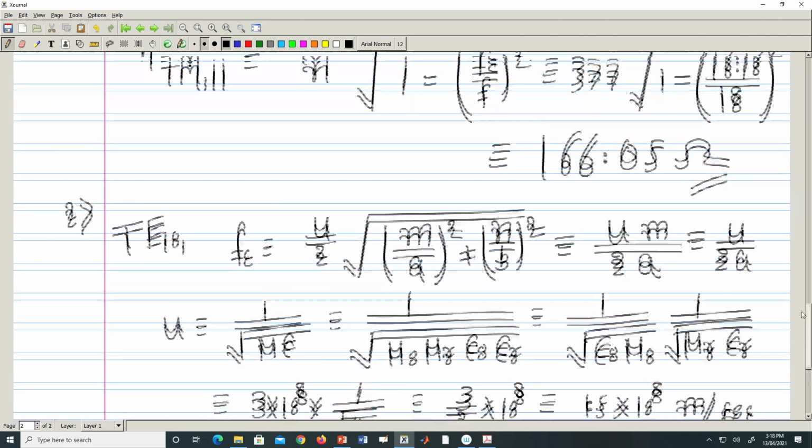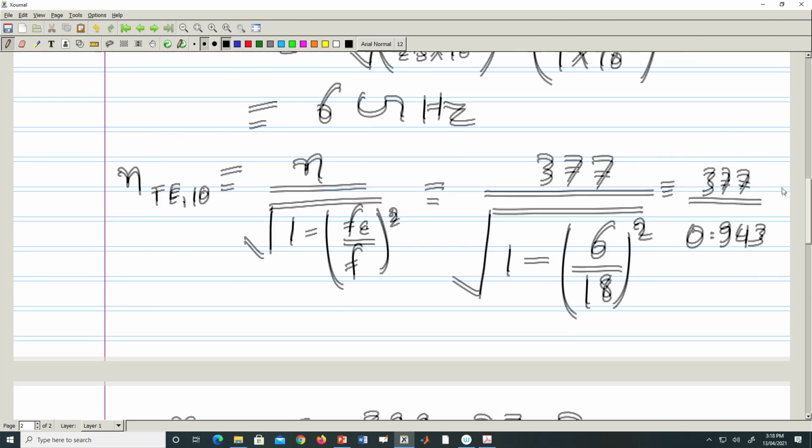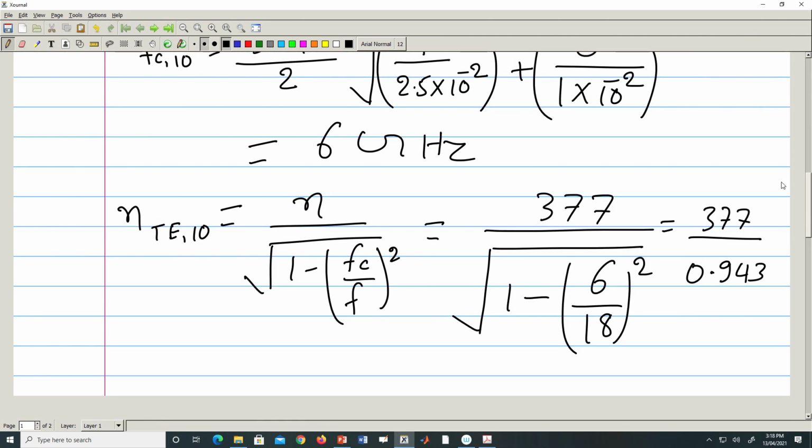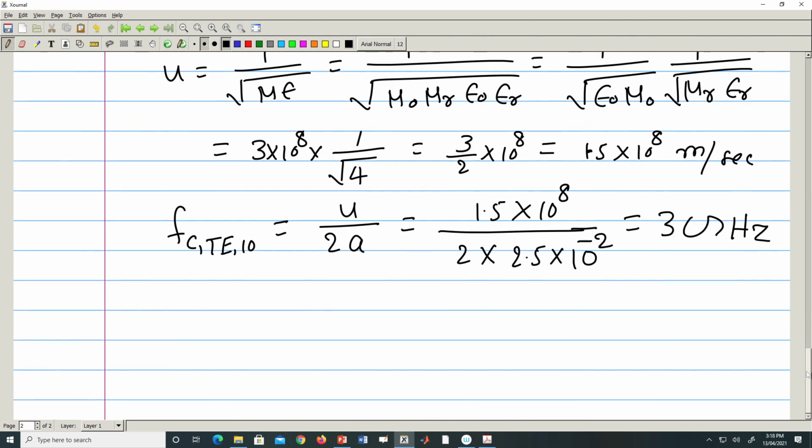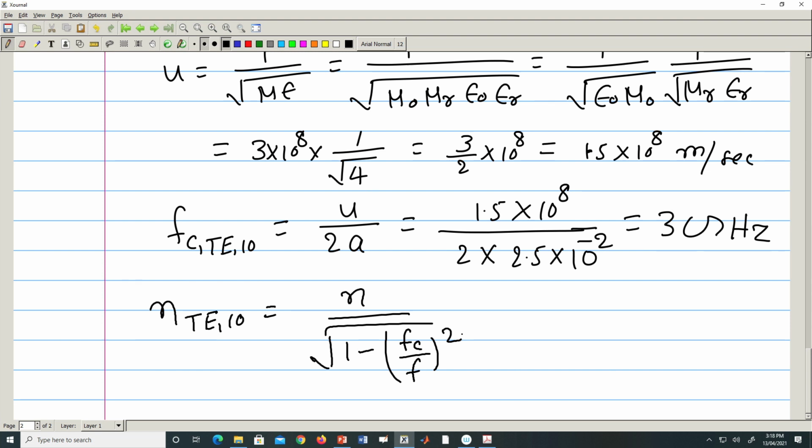So, eta TE10 will be eta divided by a square root of 1 minus fc upon f whole square. We can see that in this expression eta is defined as a square root of mu by epsilon.